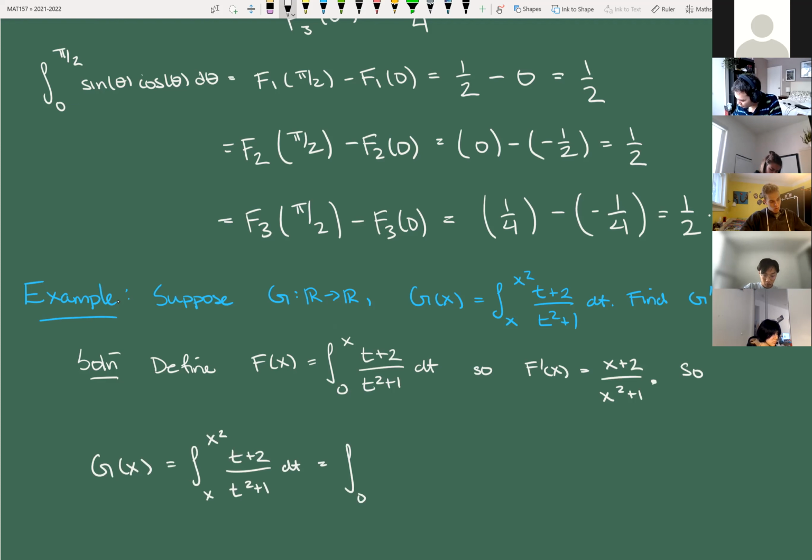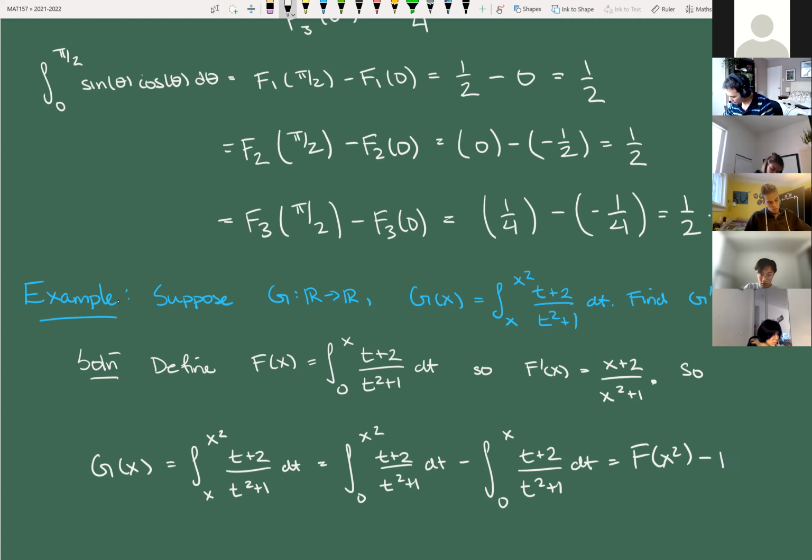Let's use additivity of domain: minus the integral from 0 to x of (t plus 2) over (t squared plus 1) dt. And now that's F of x squared minus F of x.